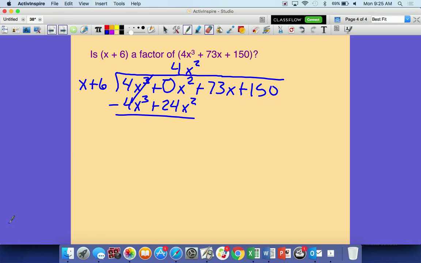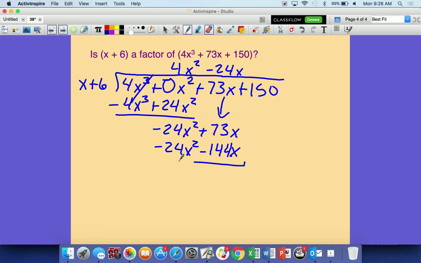Subtract these out, that goes away. 0 minus 24 is negative 24x squared plus 73x when we bring this down. X goes into negative 24x squared, a negative 24x times. Negative 24x times x is negative 24x squared. Negative 24x times 6 is negative 144, I believe, I hope.